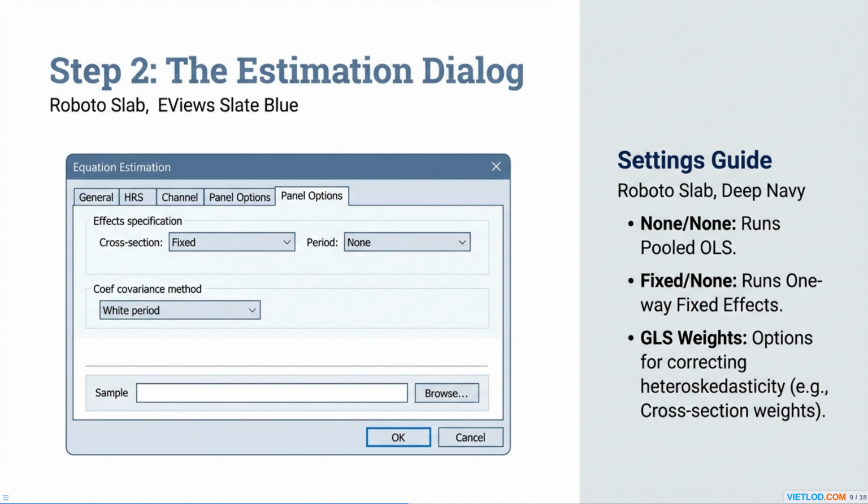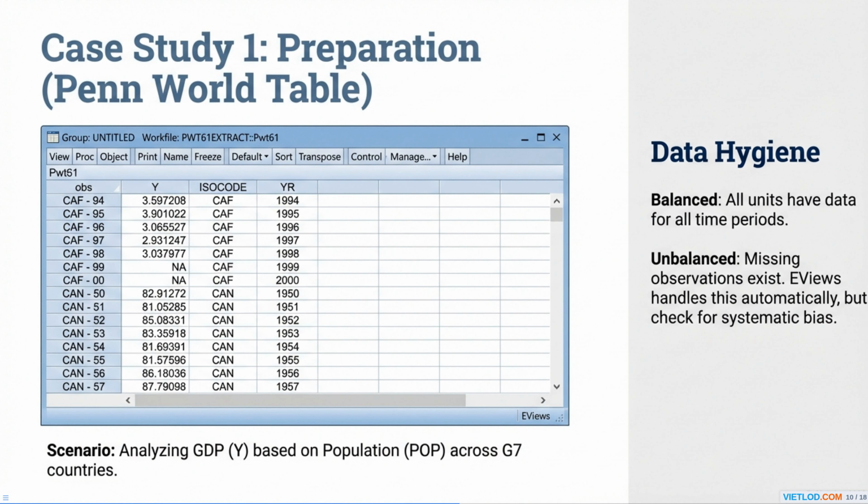The settings guide on the right summarizes these choices. None/none runs pooled OLS, and Fixed/none runs a one-way fixed effects model. It also mentions GLS weights, which are advanced options for correcting heterogeneity, such as using cross-section weights. Once your settings are configured, you simply click OK to run the estimation.